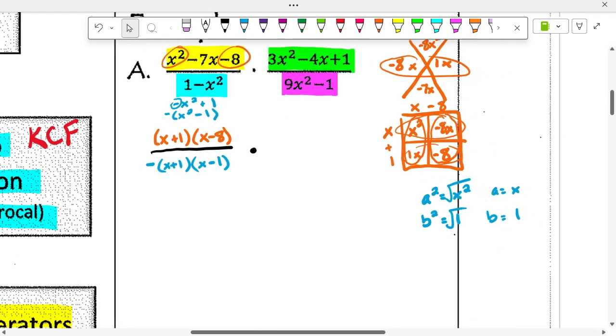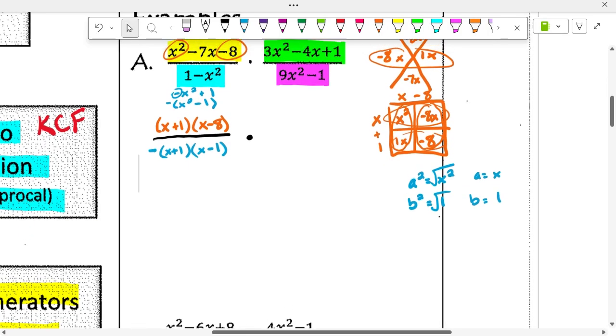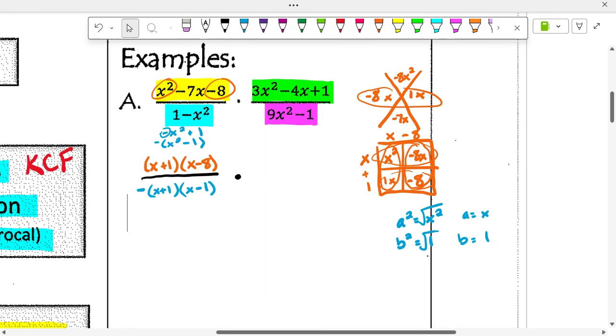So now we got 3x squared minus 4x plus 1. So what's my method for factoring? How do I factor a trinomial?